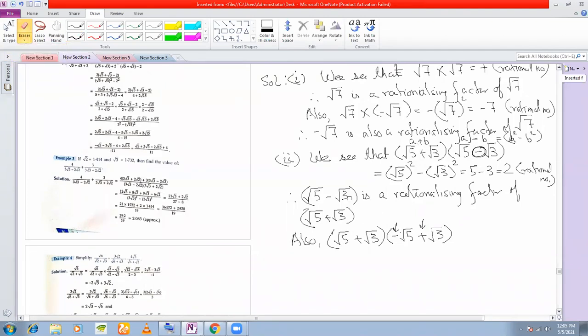This is also a rationalizing factor. Why? Because if you multiply these two, you will get root 3 plus root 5 into root 3 minus root 5, which is equal to root 3 square minus root 5 square, which is equal to 3 minus 5, equal to minus 2, a rational number.